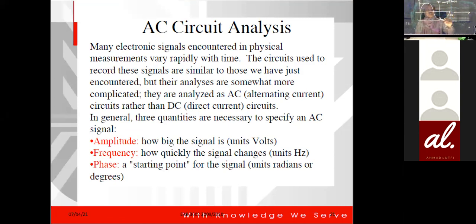Nampak tak? 1 circle. So 2 Hz, what does it mean? Kalau 2 Hz, dalam masa 1 saat you have 2 complete circles. 1, 2. So ni 2 Hz. Nampak kan? 2 Hz.